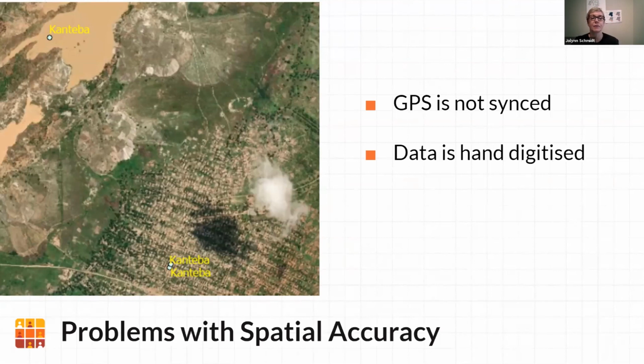In this example, you see that the health facility was collected twice and is near each other, but the third placement for this health facility is pretty far off the map. It's also in water, so I doubt very much the person was actually standing there at the time they collected the data. This could be the case that the GPS wasn't synced, or maybe it was hand digitized from a paper map and is just not quite in the right location.